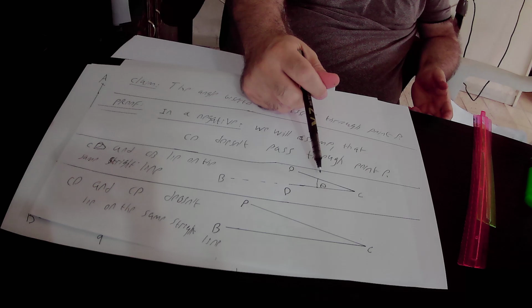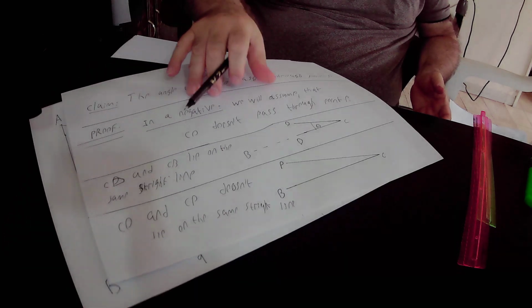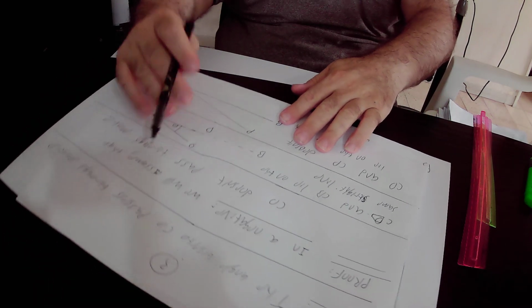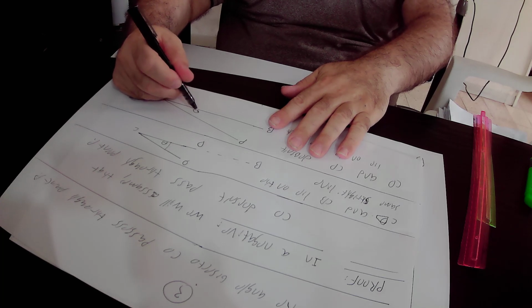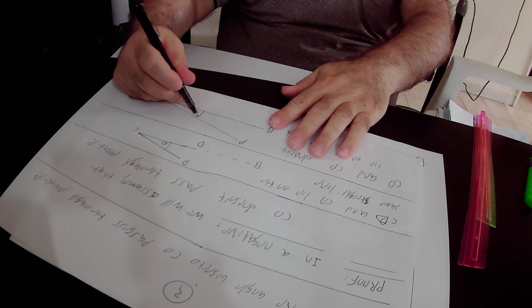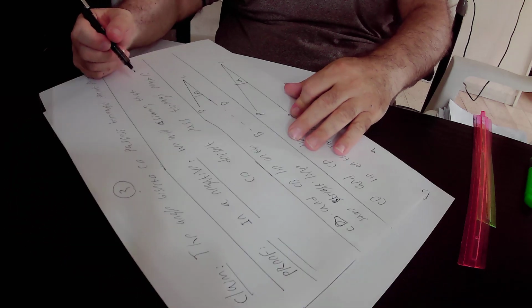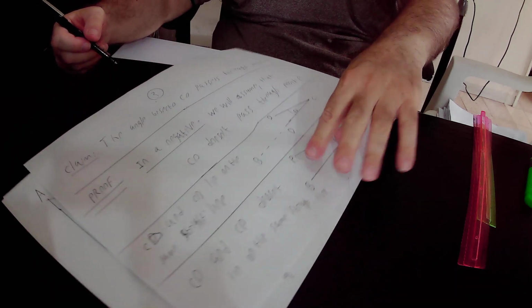So if this angle is theta, this angle will be equal to alpha, and alpha is not equal to theta.